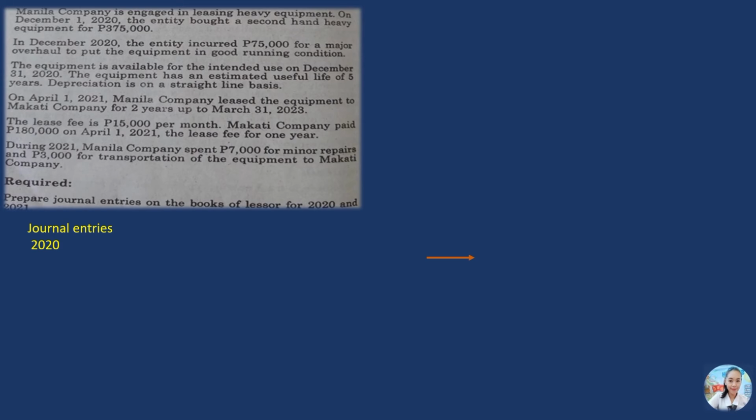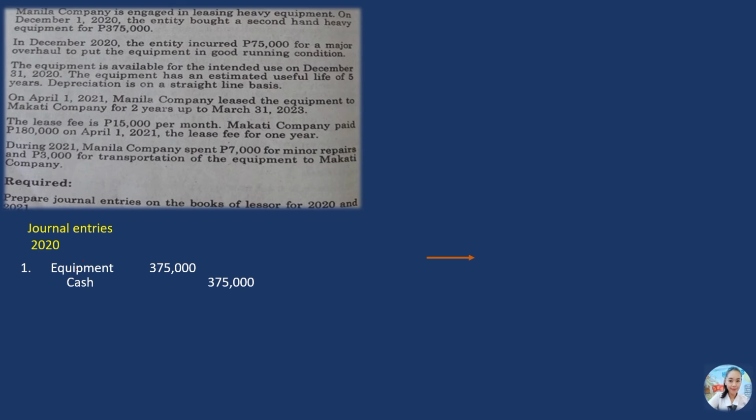So the entry would be debit equipment 375,000, and credit cash 375,000.